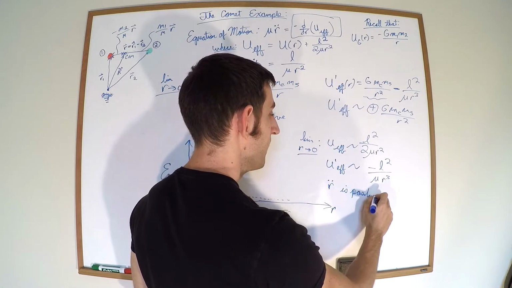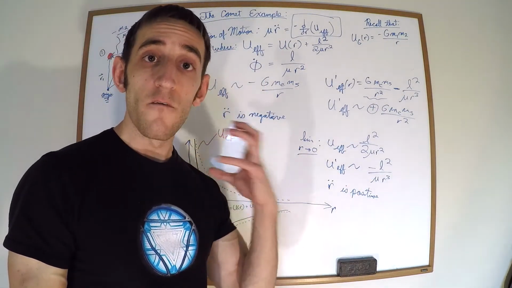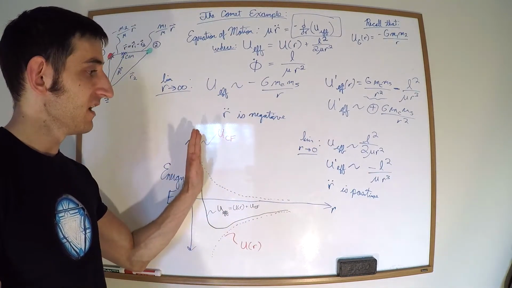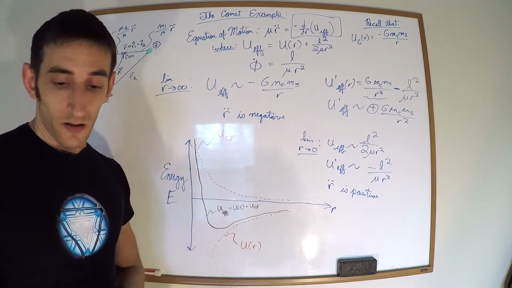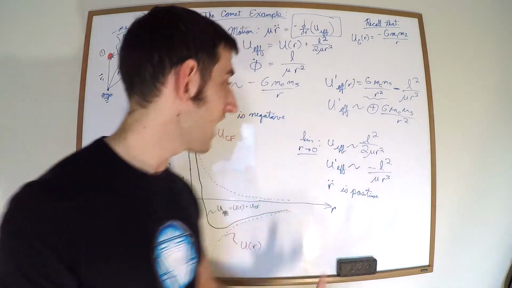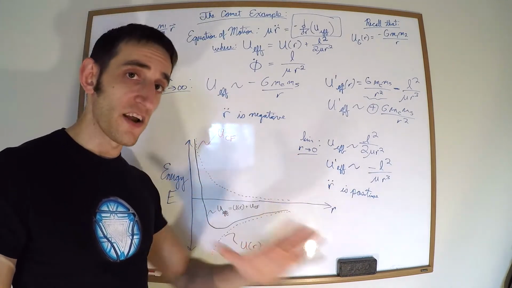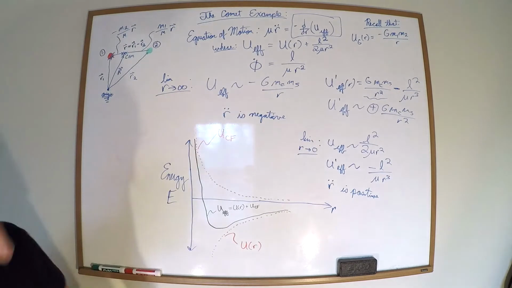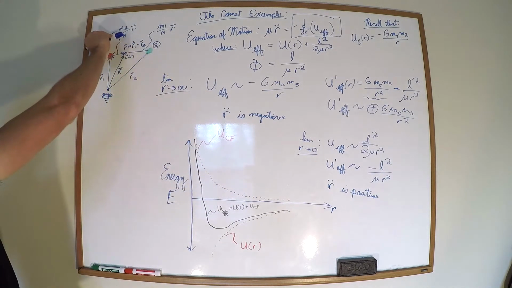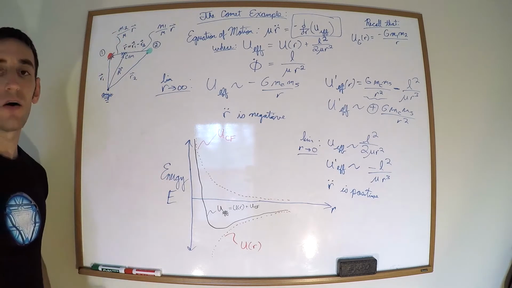So we find that when the comet gets very, very close to the sun, at this point, it wants to fly back out. So r double dot is positive, the acceleration is positive, and as the comet flies in, it's going to reach a point at which it wants to go back out.